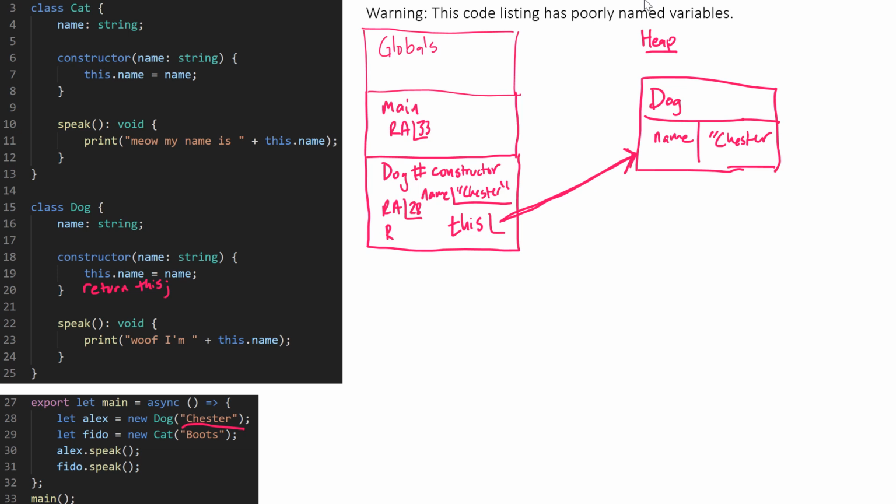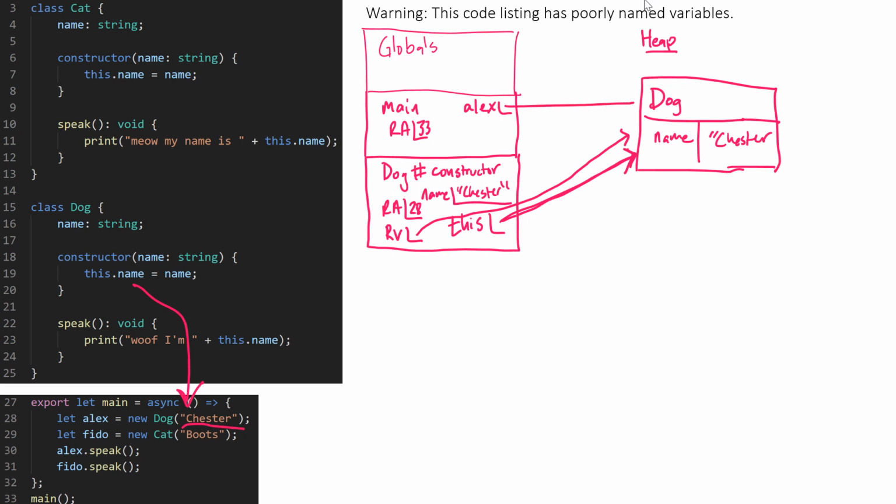So our return value here is going to be a reference to this dog object that we just established, right? So where are we returning that reference to? Well, we're returning it back to the point at which that constructor was called on line 28. And so here in main, we're going to have a variable named Alex established now.